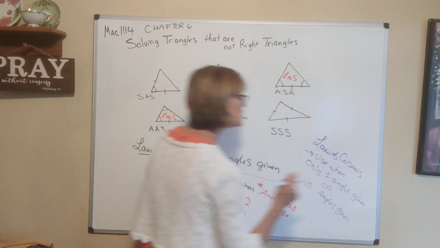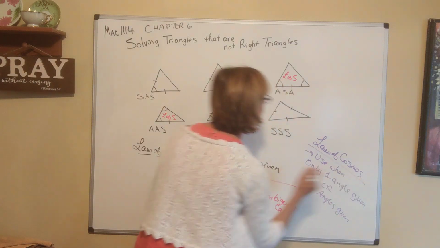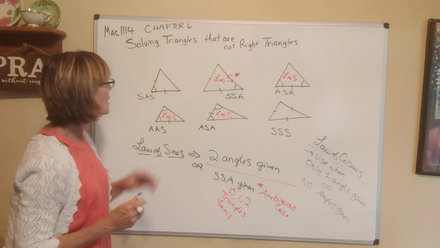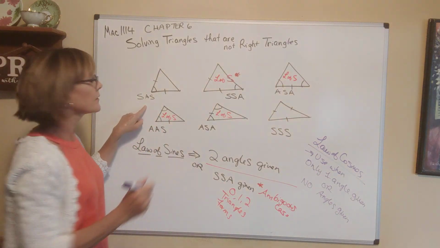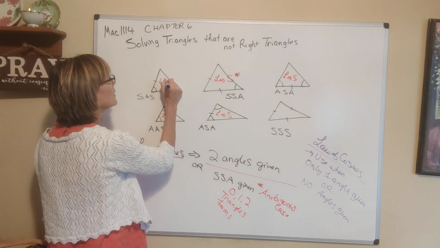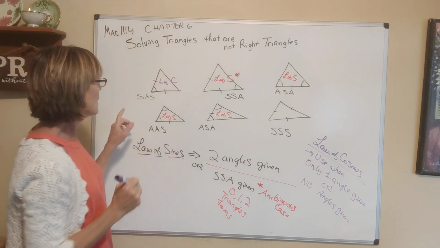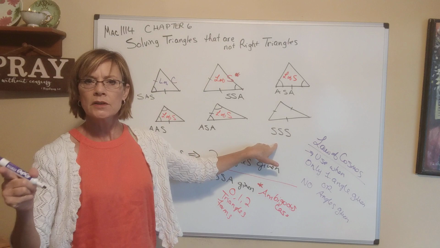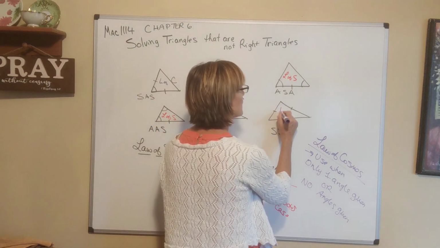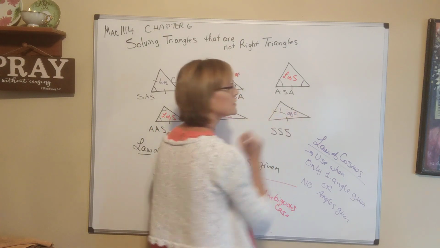That's when we will use that one. So let's go through here and say, which one of those? Here, only one angle's given. This is law of cosines. Here, no angles are given. This is going to be law of cosines.